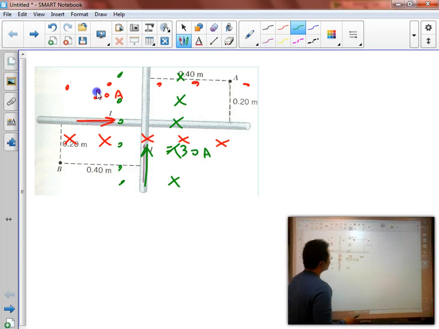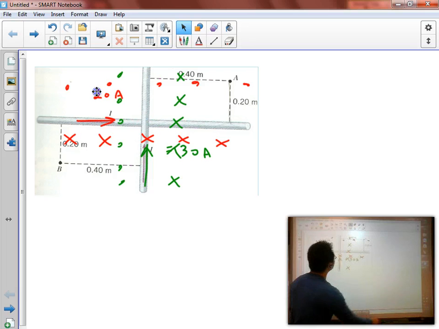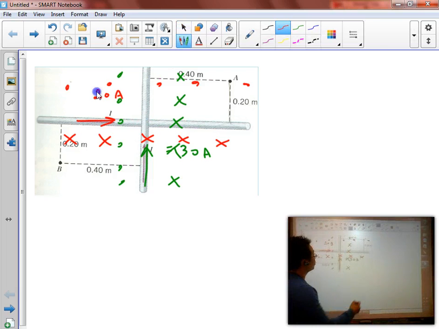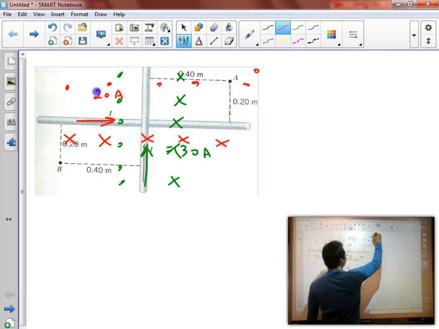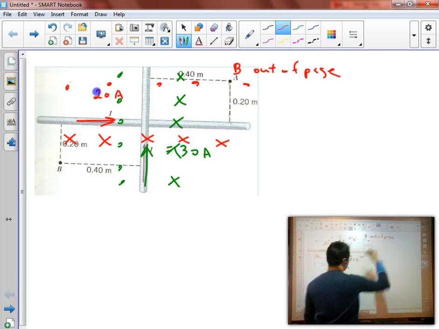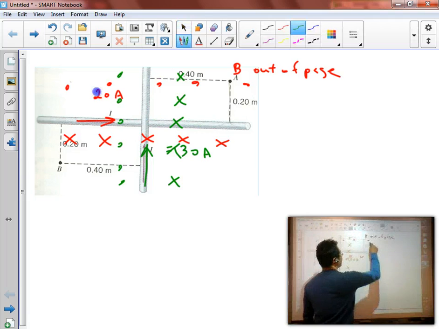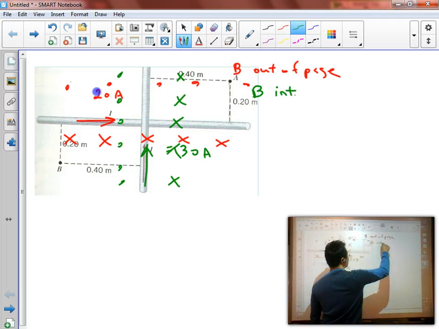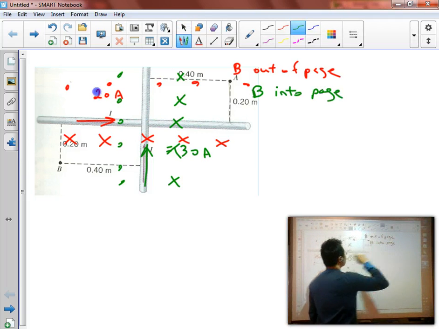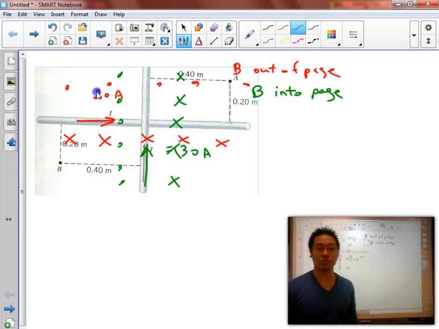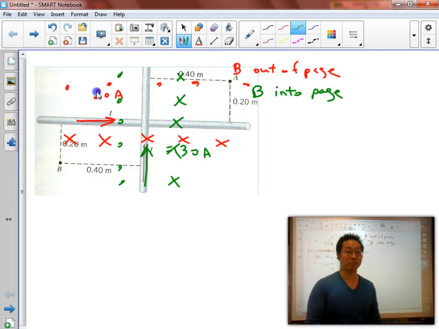So that means that at point A, the red is going out of the page. The green magnetic field is going into the page. So therefore, we would have to solve for each one individually and then subtract them.